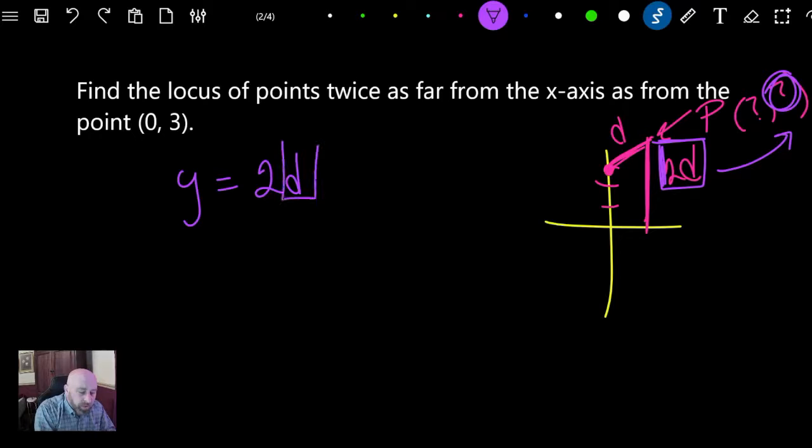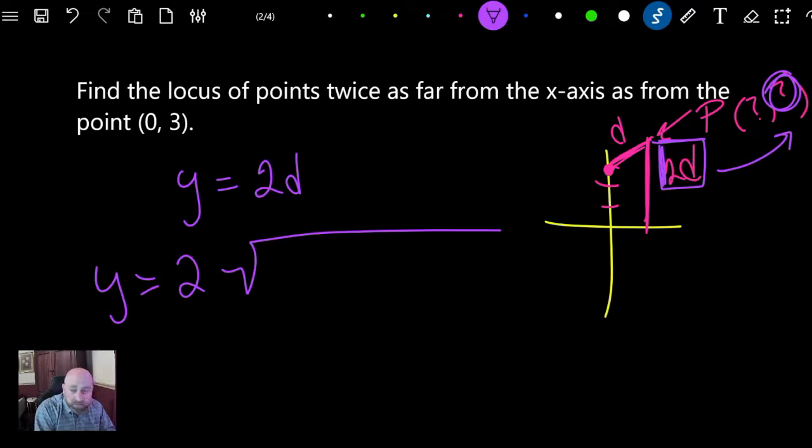And so what we need to do now is find what our distance is. So we need to replace this with the distance formula. So now y equals 2, what is d? D equals the distance formula: x minus x1.